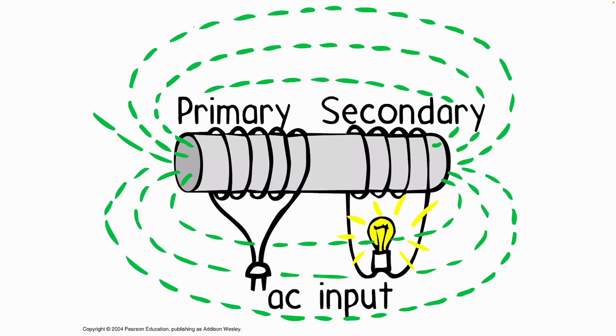If we change the number of turns in the primary and secondary, we can pull off some pretty neat stuff. So what are we talking about? We are talking about my favorite, Faraday's law of electromagnetic induction. Okay, so in the primary, which I'm going to indicate by a number 1, I have a certain number of turns and a magnetic flux.